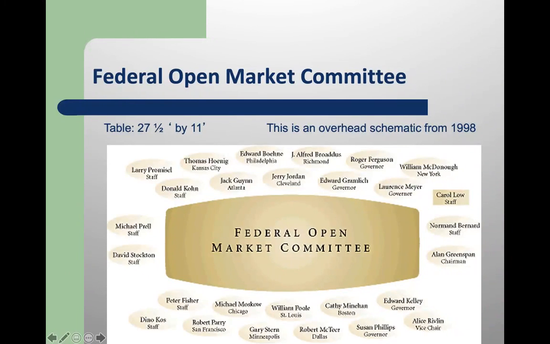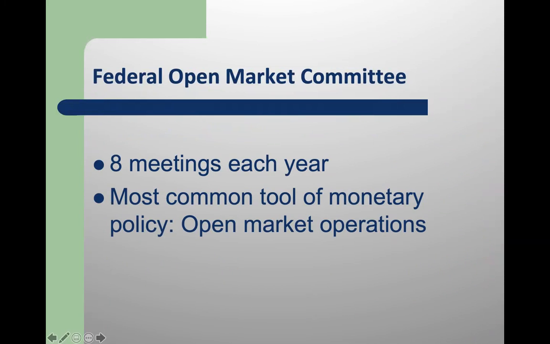So maybe one of those members isn't exactly a voting member, because New York, of course, is. So they meet at least 8 times a year. I think in 2008, 2009, the period of the Great Recession, I think they met as many as 16 times that year. The most common tool they use to monitor our money supply is what we call open market operations.